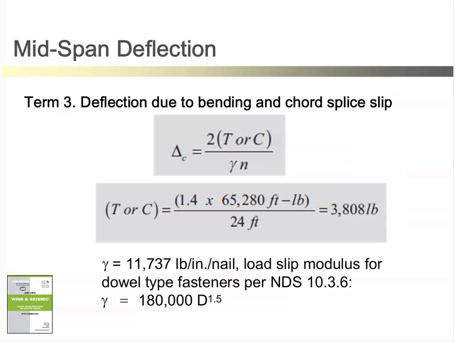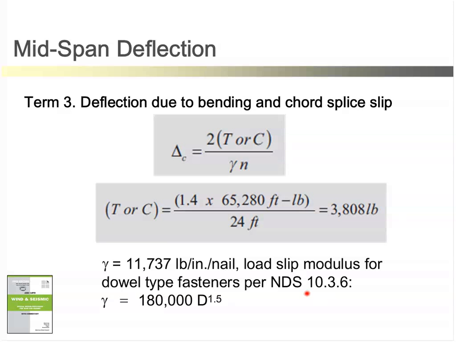Well, that term gamma then is the actual load slip modulus for a particular type of fastener. And for this particular fastener, which is a 16-penny nail, we would turn to the NDS, Chapter 10, Section 10.3.6.